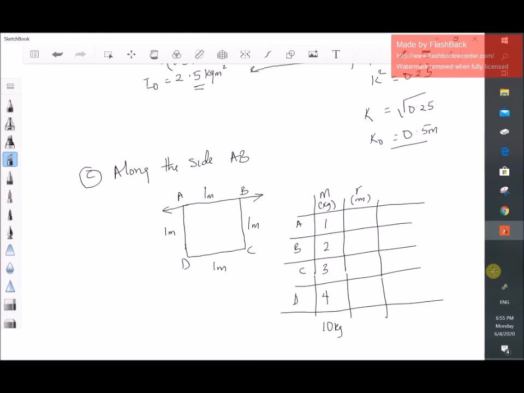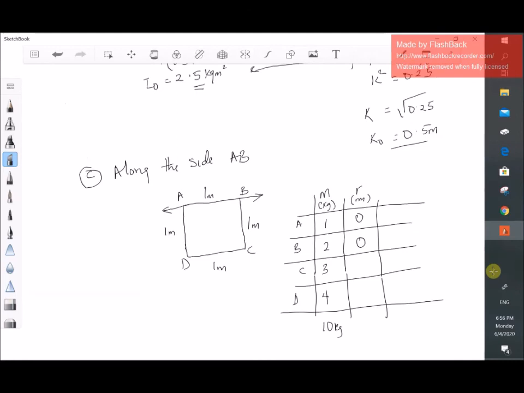Now the distance from A is 0. Now because A and B are the points of rotation, the distances there are 0. I repeat, because A and B are the points of rotation, RA and RB are 0.